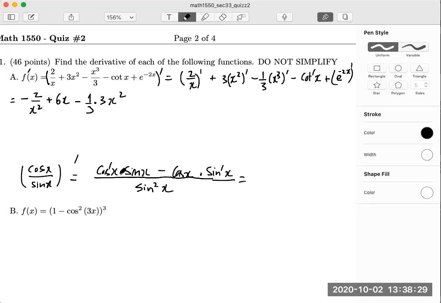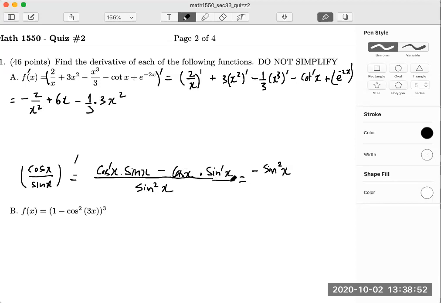Now here, cosine derivative, what do we have here? Yes, negative sign, multiplied with sine here, it will become negative sine squared x, right? And here, cosine times sine derivative.